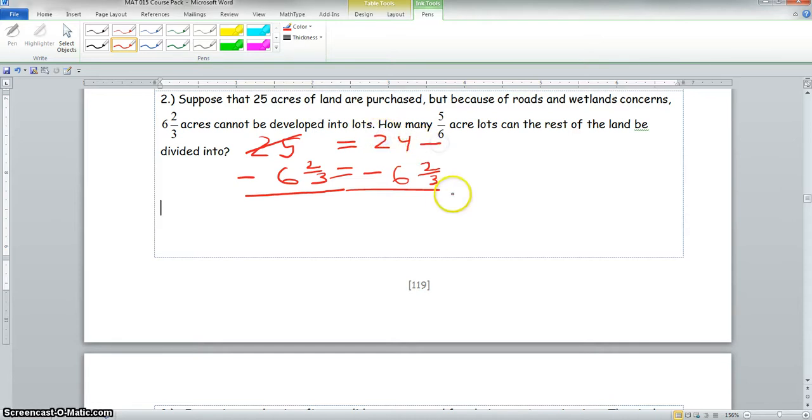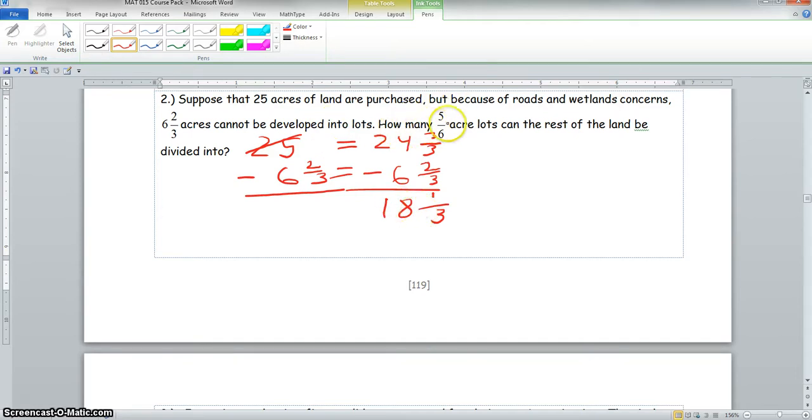Now the 1 that we borrow, we will make the numerator and denominator the same as the denominator in this fraction here. So we'll have 24 and 3/3. Now we know 24 and 3/3 is actually 25, so we didn't change the problem. 3/3 minus 2/3 is 1/3. 24 minus 6 will give us 18. So we have 18 and 1/3.